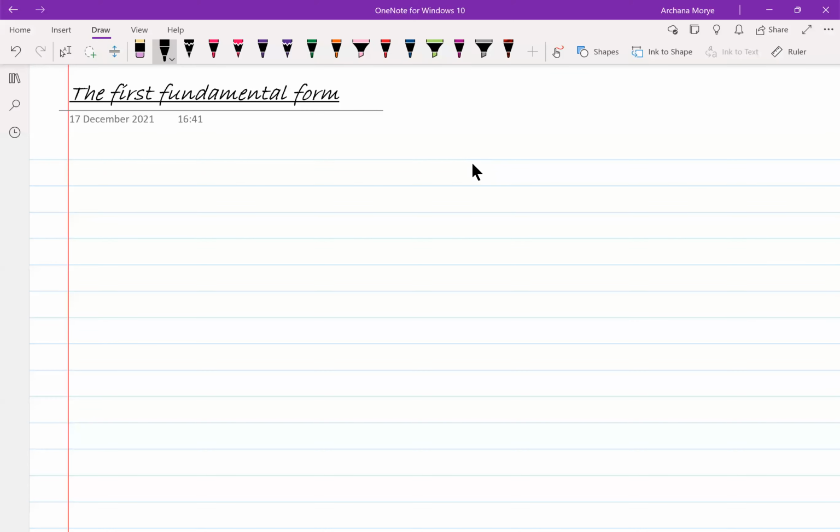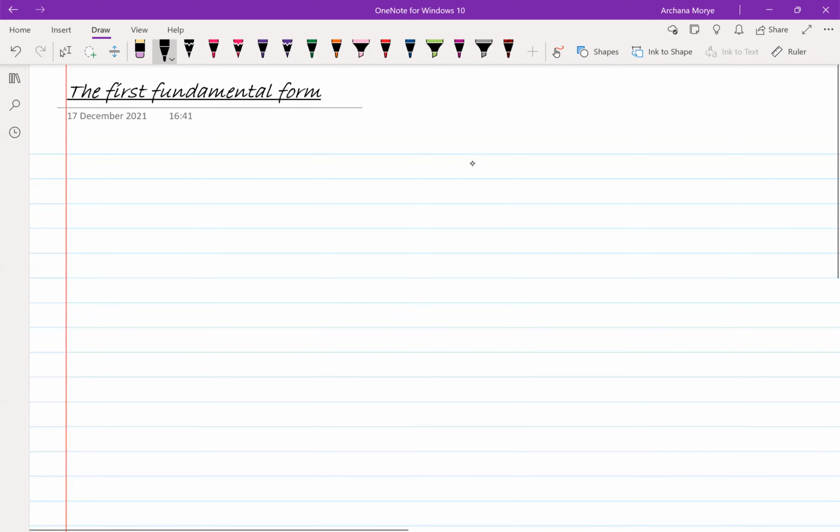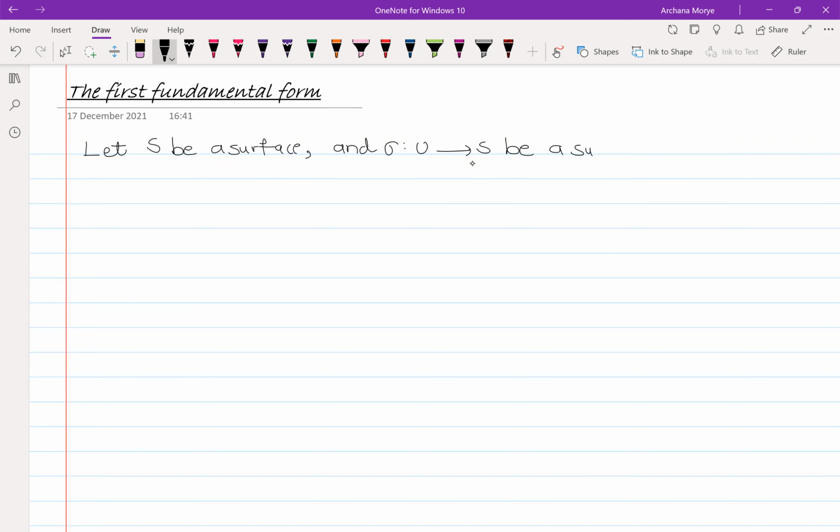Right. So let S be a surface, and we are also fixing our surface patch. This sigma is a map from U to S, a surface patch. We will first define it pointwise, and then I'll tell you how it is function-wise.